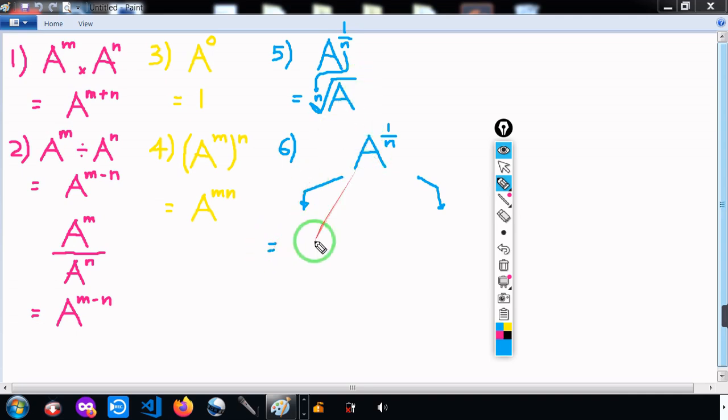So you write back the A. And for this one also you write back the A. Same. And then here is 1 over. I told you just now, the over, you put an over there and put an over here.